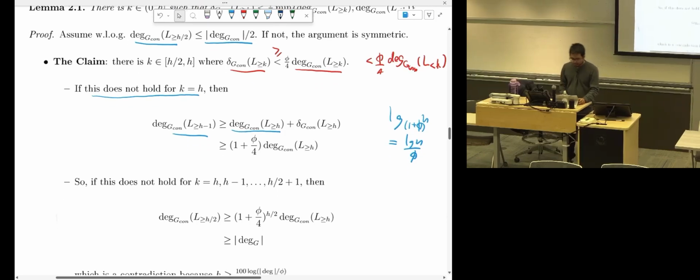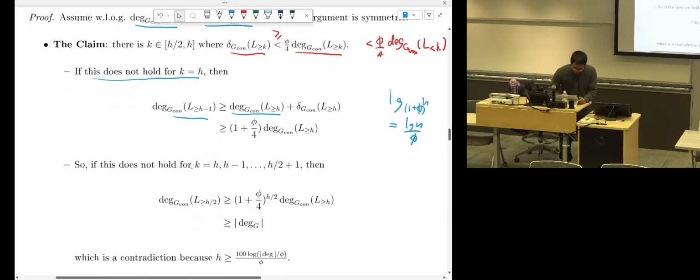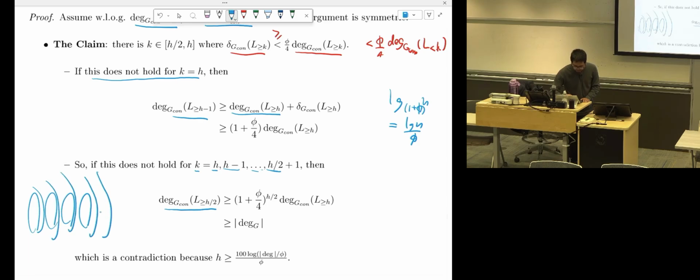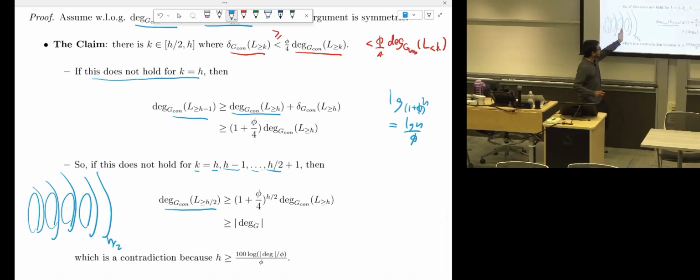So I can be formal. Suppose that it doesn't hold for the layers from layer h minus 1 up to h over 2. It means that when you grow this thing, it keeps getting bigger, up to h over 2 times.